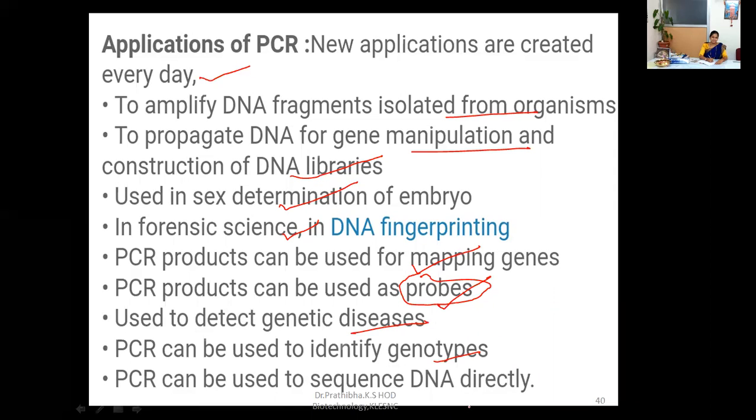This PCR machine is also used for the detection of viral infection, for example COVID-19 infection by using RT-PCR, and to detect tuberculosis, which is caused by Mycobacterium, then cancers, then prenatal diagnosis, and recombinant DNA technology for the construction of genomic libraries, as I told you already, and also to find out thalassemia. Many more applications are going to come under this particular PCR machine.